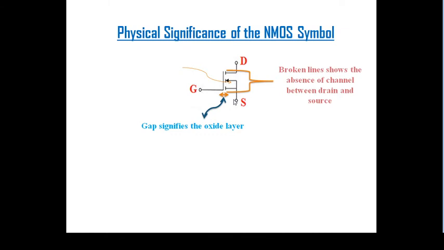So we are making the arrow direction in the substrate from p to n. The arrow in the bulk shows substrate p to n channel. Our substrate is p, so the current direction is p to n.